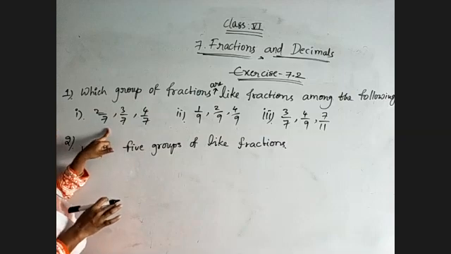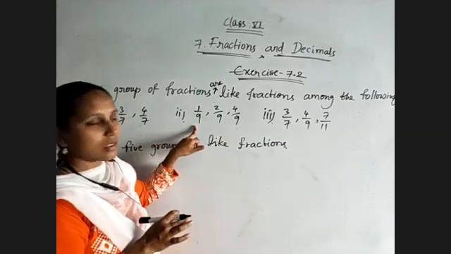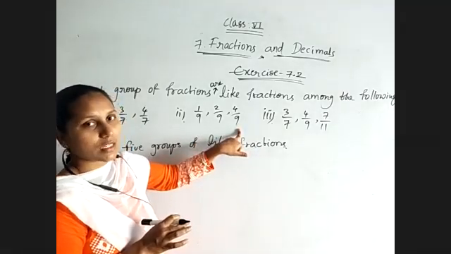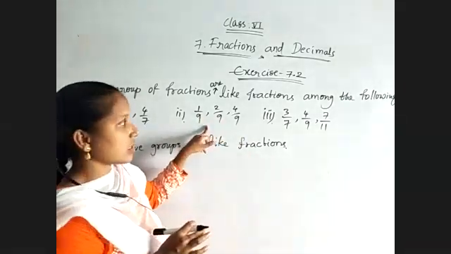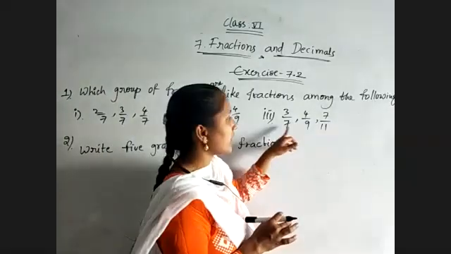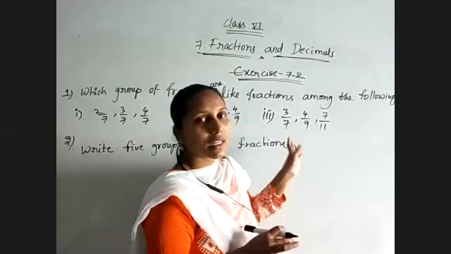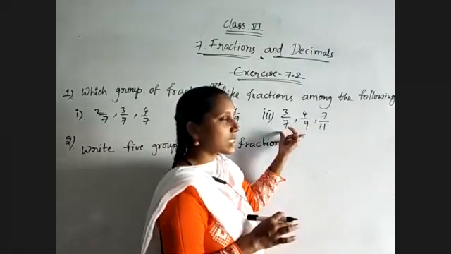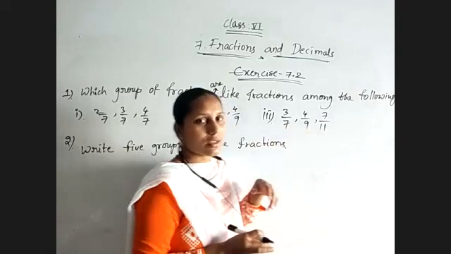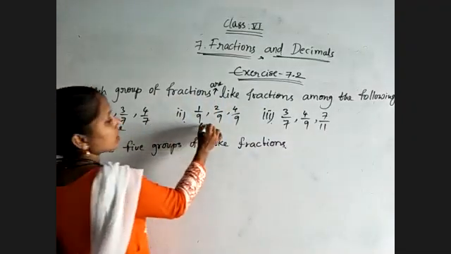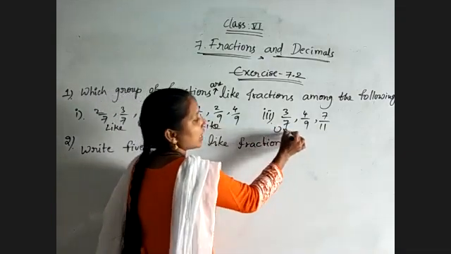Coming to the second one, the denominator is 9 for each and every fraction. So these are also like fractions. Coming to the third one, 7, 9, 11 are the denominators. So every fraction has a different denominator, which means all these are examples of unlike fractions. Like fractions, and these also like fractions, and these are unlike fractions.